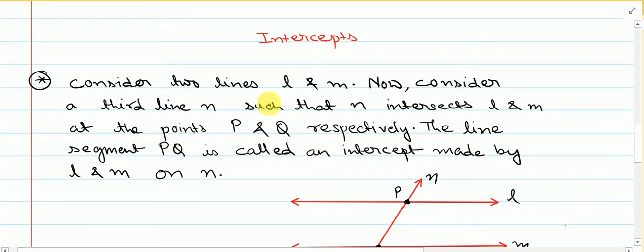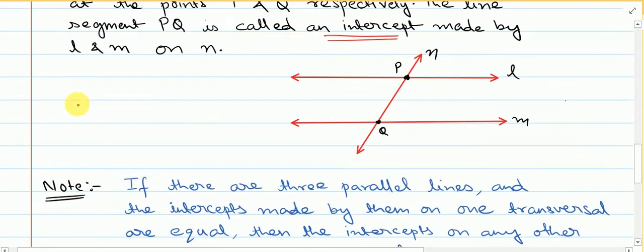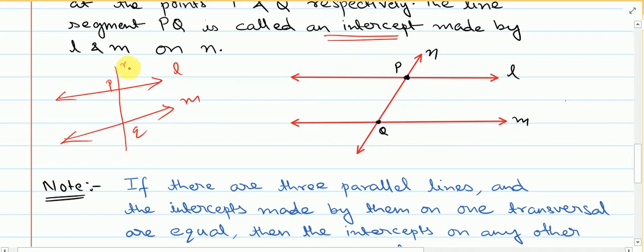Okay, so the definition of intercept is this: suppose you have two lines, let's say one is L and one is M. You consider two lines L and M, and you consider a third line that intersects L and M at points P and Q. So I have taken two lines L and M, and then I am taking the third line N which intersects L and M at P and Q.